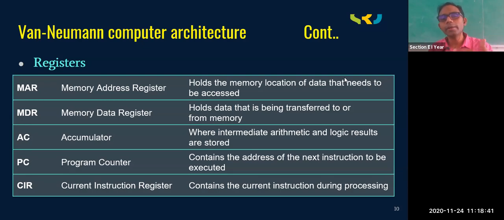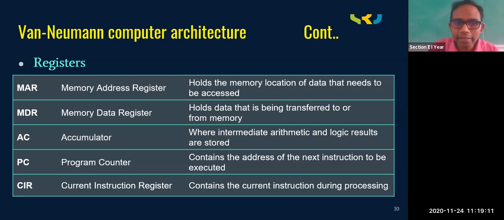I want to print a value. I want to accept something from the keyboard. Everything is an instruction. Every instruction will have an address. You are storing some value into memory, then it will have some address. So the memory location of data that needs to be accessed. I want to read the data or I want to store the data. Only two operations. Accessing means I want to read the data or store the data. In either case, we are going to use MAR.